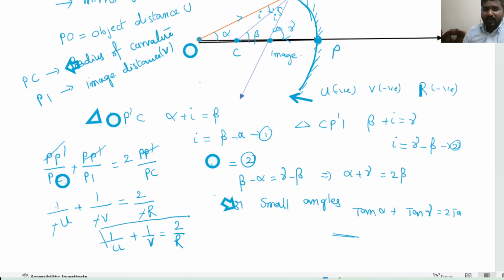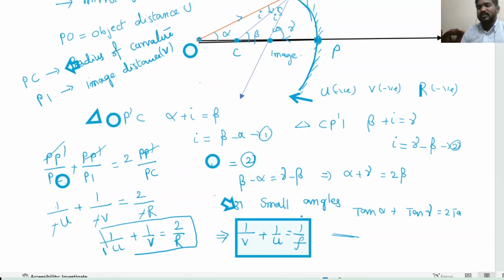Already you know the formula r divided by 2 is f. From this equation, one more formula you can take, that is 1 by v plus 1 by u equals 1 by f. So this is the formula belonging to curved surfaces. Whatever the surface may be, we just need to follow sign conventions to solve the problems.